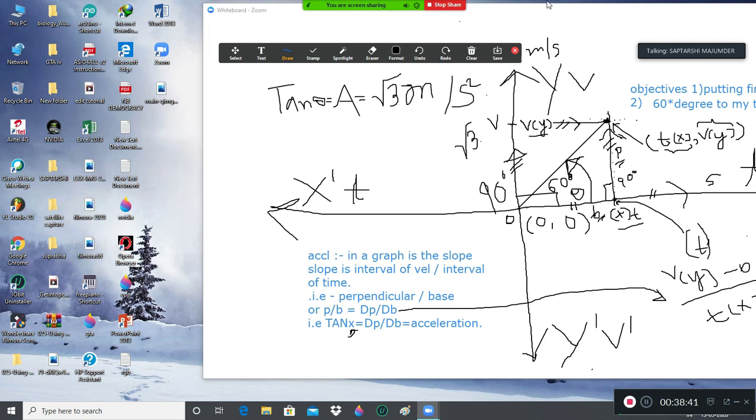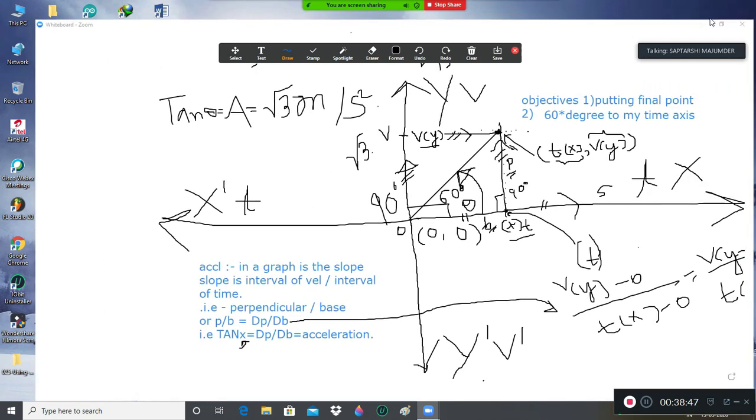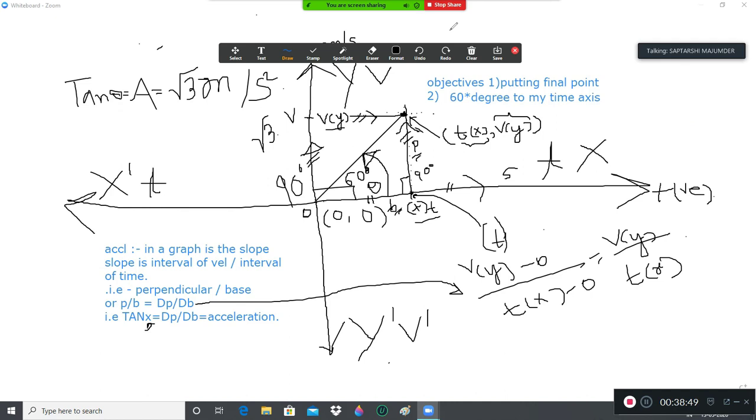See, all of you know root 3 is an irrational number, and an irrational number is nothing but a real number. So by definition, any real number can be plotted on a graph, so we don't need to plot this one. Yes, root 3 meter per second square can be an acceleration.